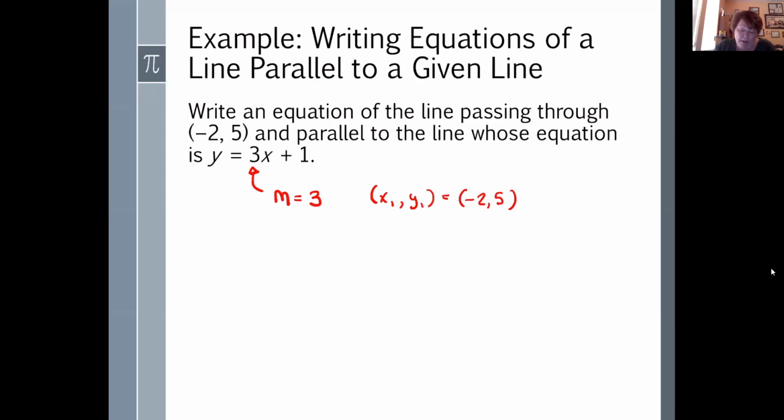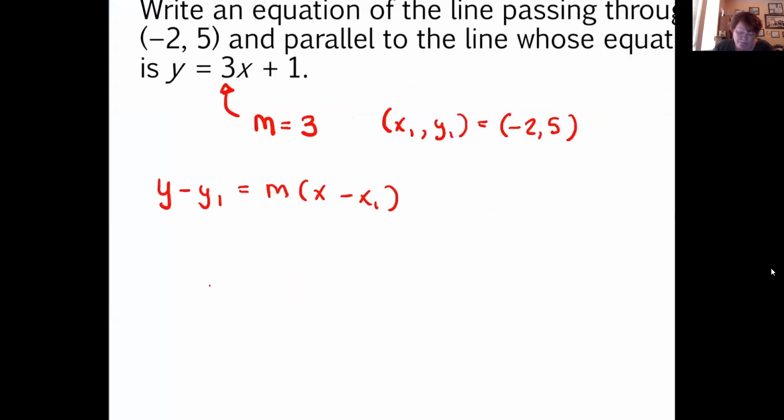So point slope form is y minus y1 is equal to m times x minus x sub 1. And now we make our substitutions, 3 for m, and -2 for x sub 1, and 5 for y sub 1.